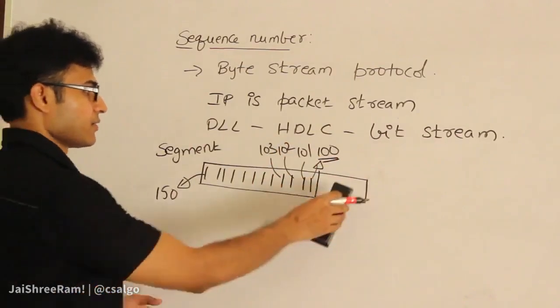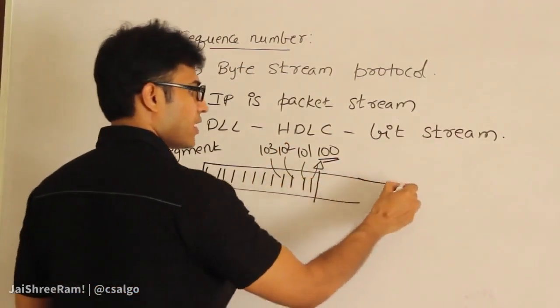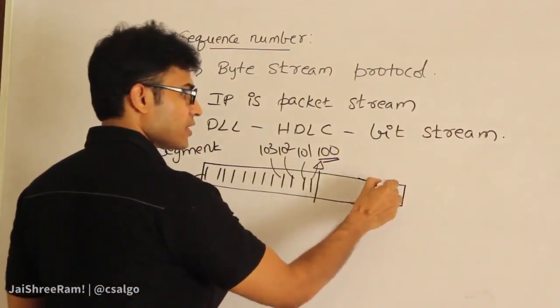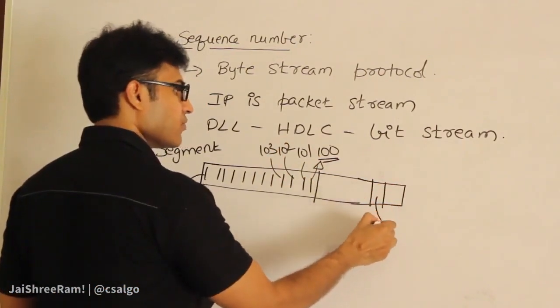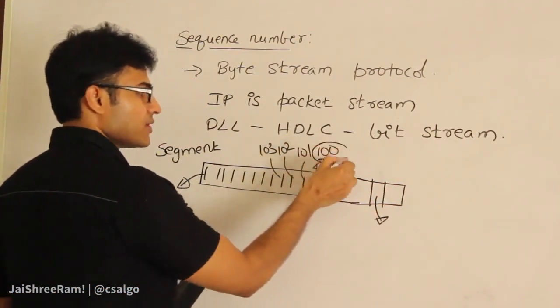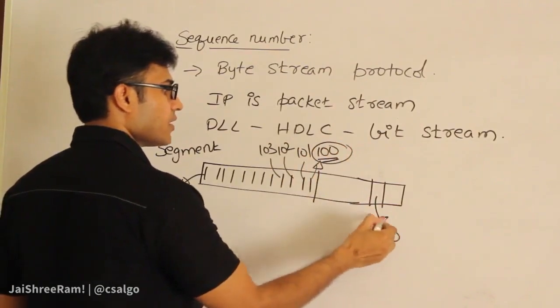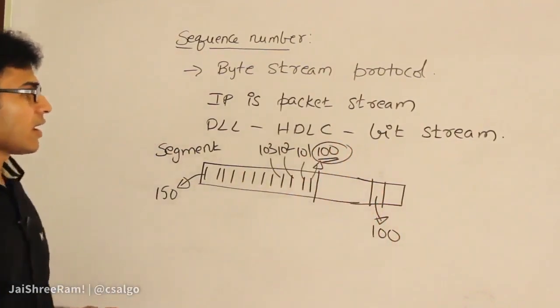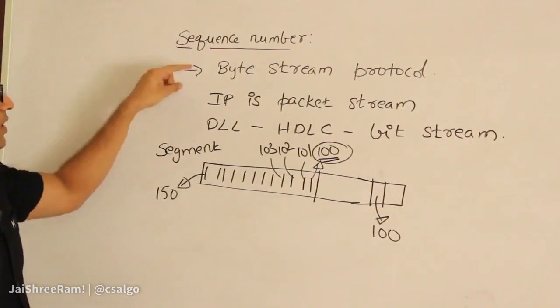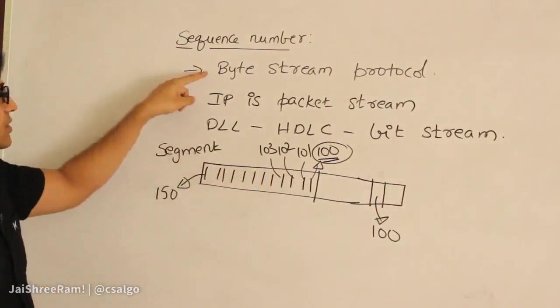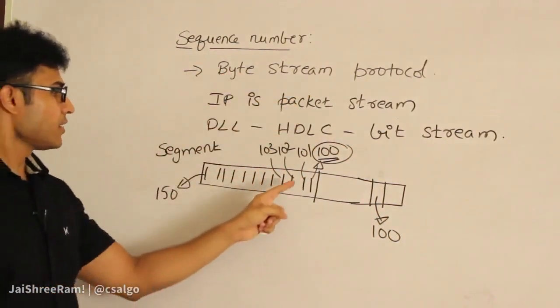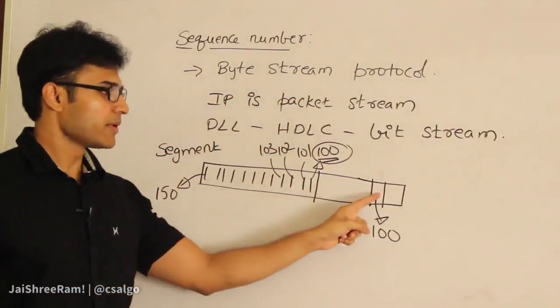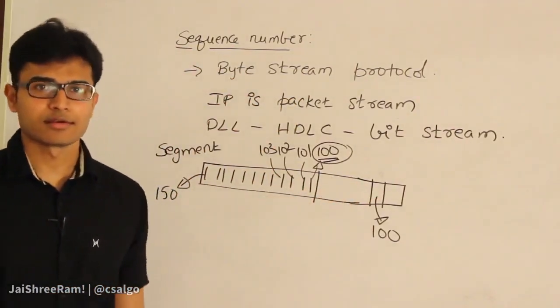So the header has a field called the sequence number field, and in this field we are going to put the first byte's sequence number, 100. Understood that? Every byte is numbered because TCP is a byte stream protocol, and the sequence number of the first byte will be present in the sequence number field of the header, right?